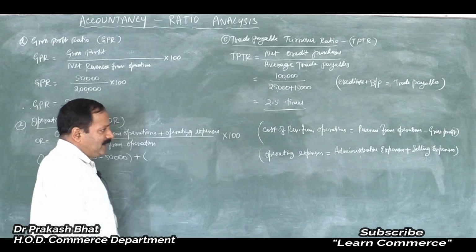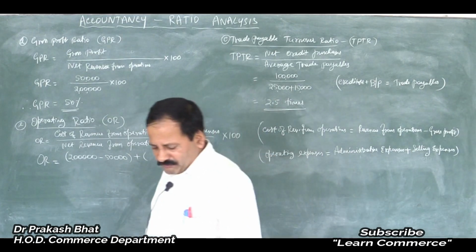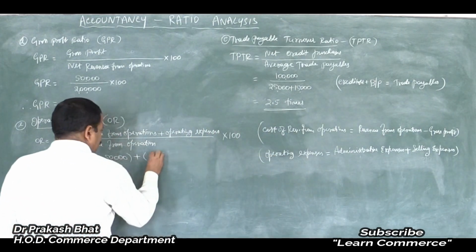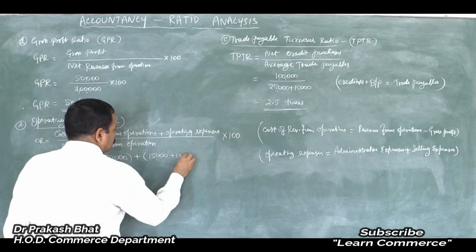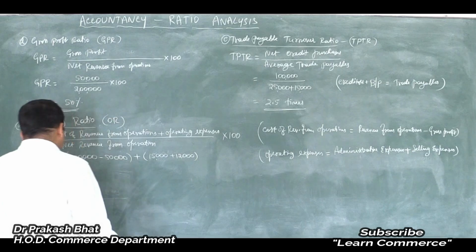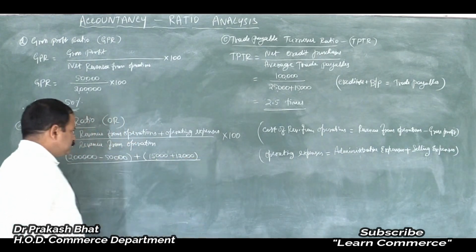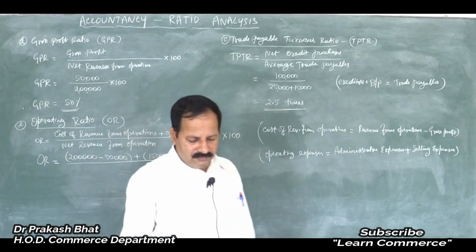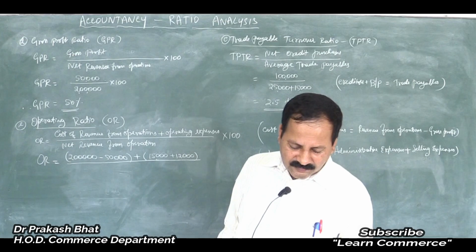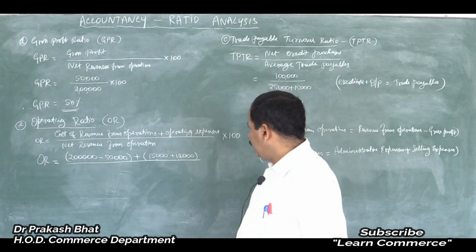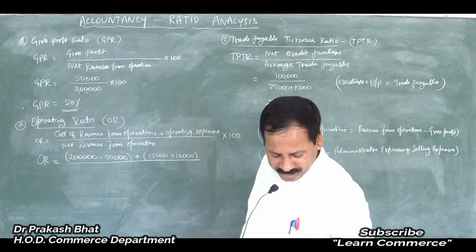That is selling and administrative expenses, 15 and 12, divided by net revenue from operations. Net revenue from operations, how much is that?